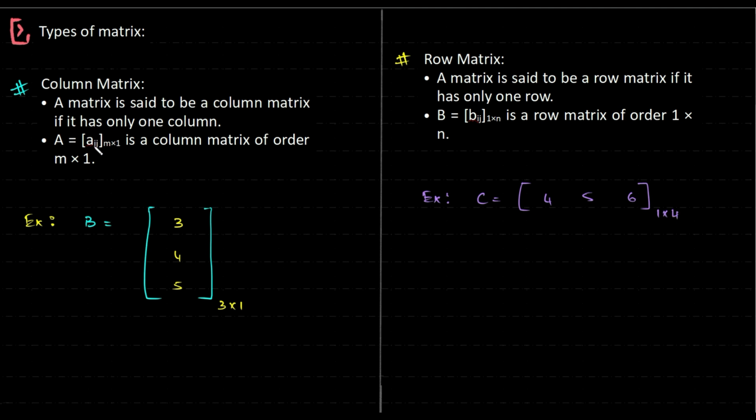Here we need to understand the general representation. Please observe this. We have a matrix A. The elements of the matrix are represented by Aij, wherein we have the order to be m by 1. Here it is 1 by n. So that's the difference.